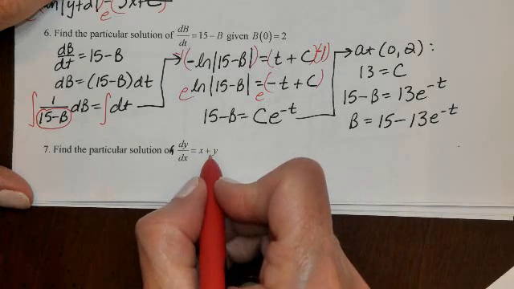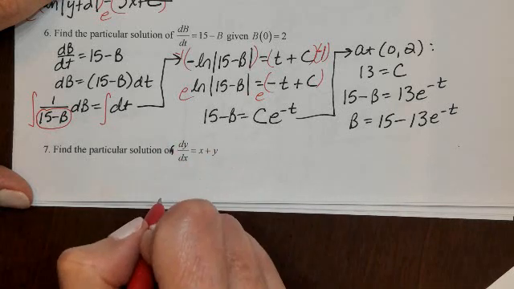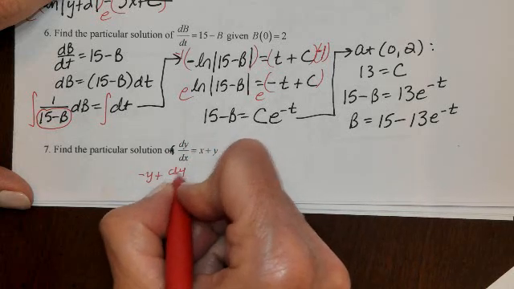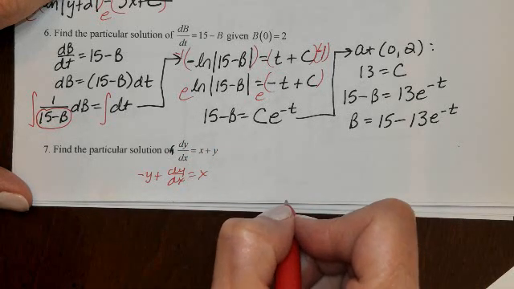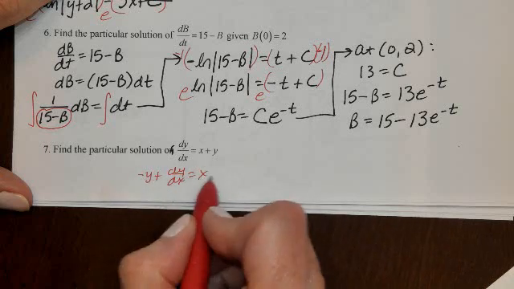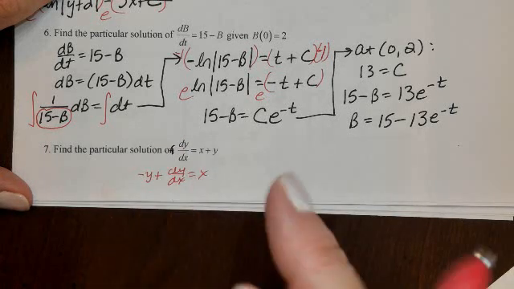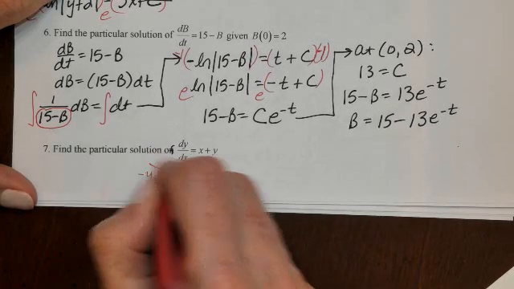If you try to subtract the y, it's going to be hard to get that y times dx. When you try to multiply both sides by dx, you're going to have a dx here and a dx there. Not a good approach.